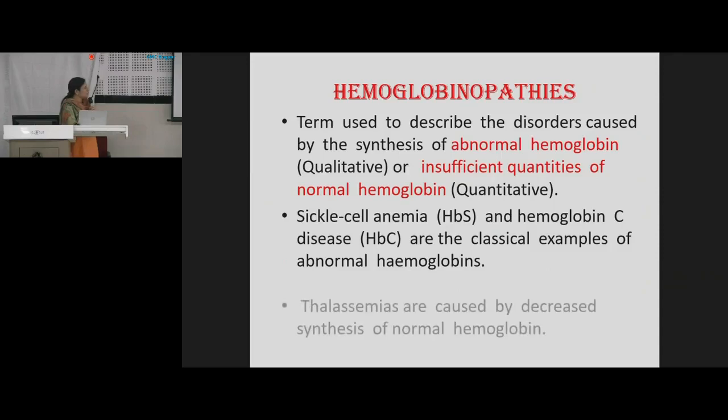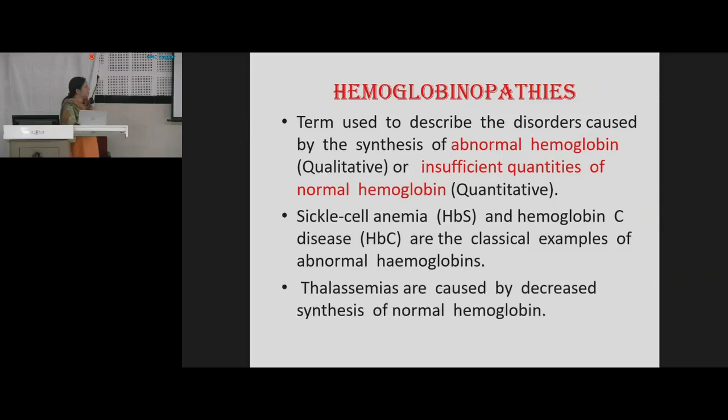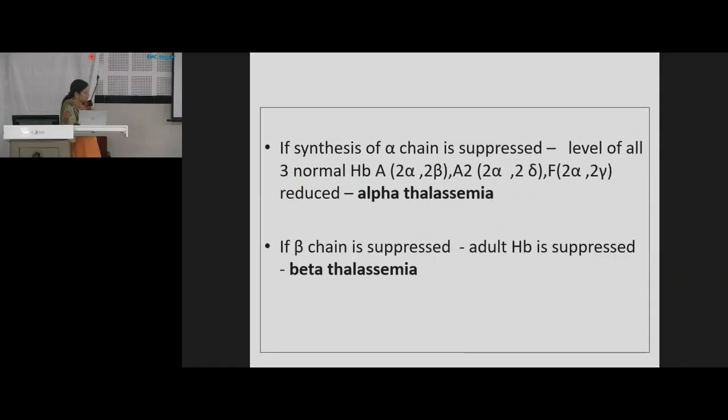While thalassemias are caused by decreased synthesis of normal hemoglobin, that is quantitative, sickle cell anemia and hemoglobin C disease are qualitative. Now if the alpha chain is suppressed, that is, the levels of all three hemoglobin A are reduced, it is alpha thalassemia. If the beta chain is suppressed, adult hemoglobin is suppressed, and that is called beta thalassemia.